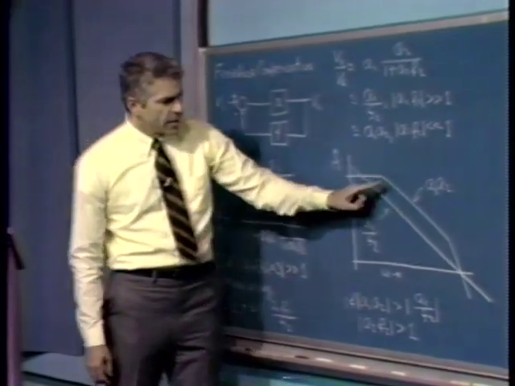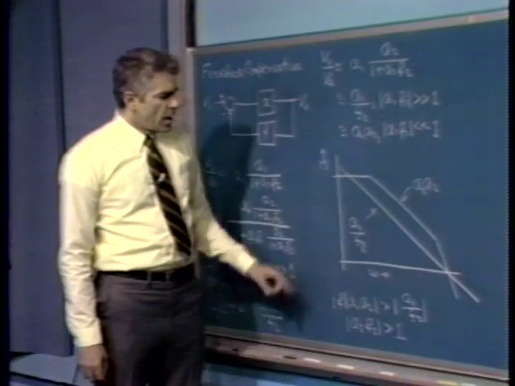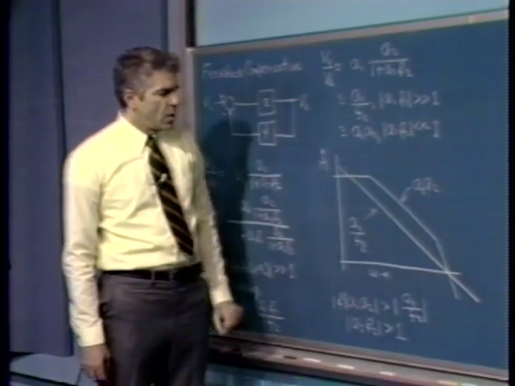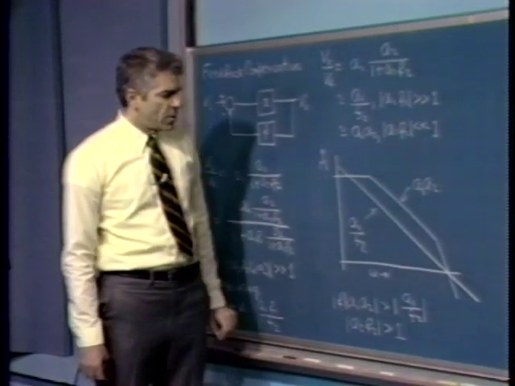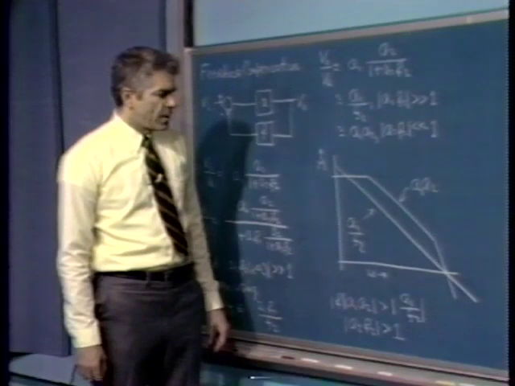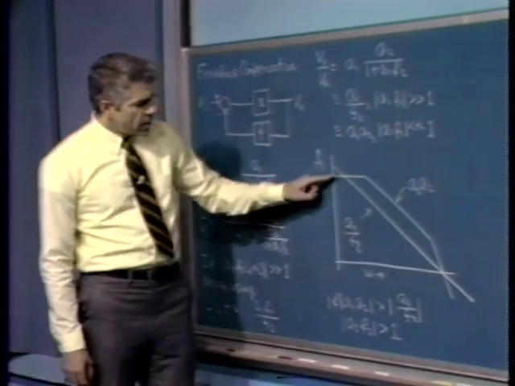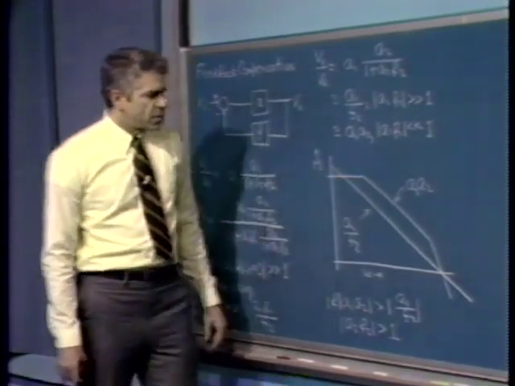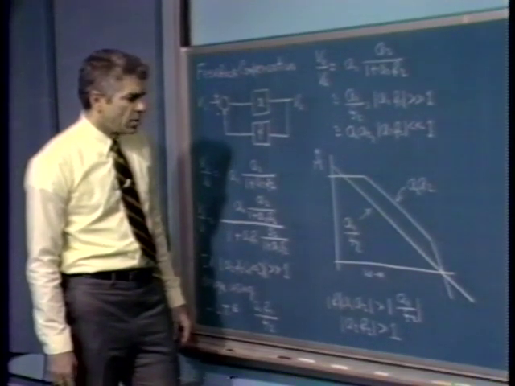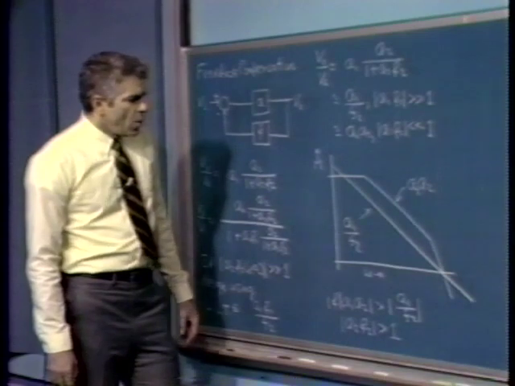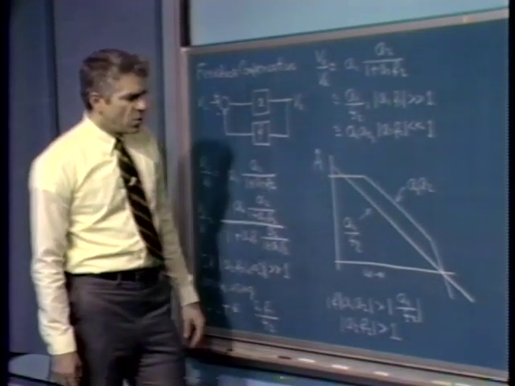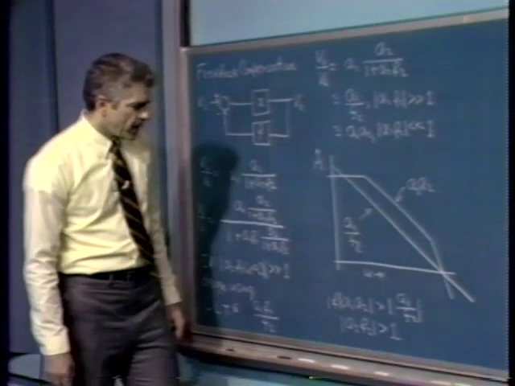Once we've plotted these two transfer functions, in particular the two limiting approximations, A1 over F2, which is the approximation that holds when the loop transmission of the minor loop is large compared to 1, and the A1, A2 product, which is the approximation that holds when the transmission of the minor loop is small compared to 1, we can very easily determine which of these approximations holds at any given frequency.